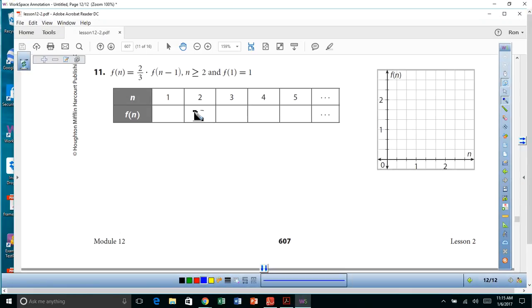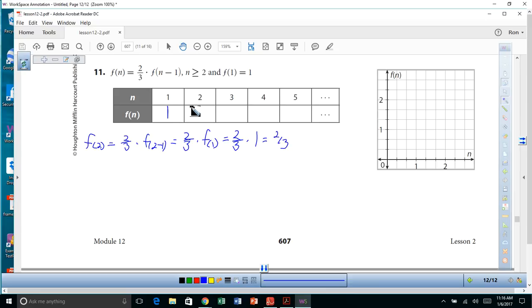Oh, this is going to be fun. F of 1 is 1. All right. So f of 2 equals 2/3 times f of 2 minus 1. So that's going to be 2/3 times f of 1, which in this case was 1. So 2/3 times 1 is 2/3.